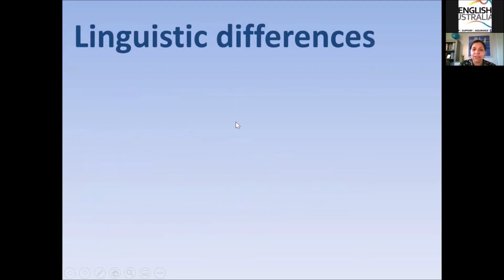Linguistic differences. Here it's obviously looking at the learner's L1 and understanding how that's going to impact someone with, for example, dyslexia.